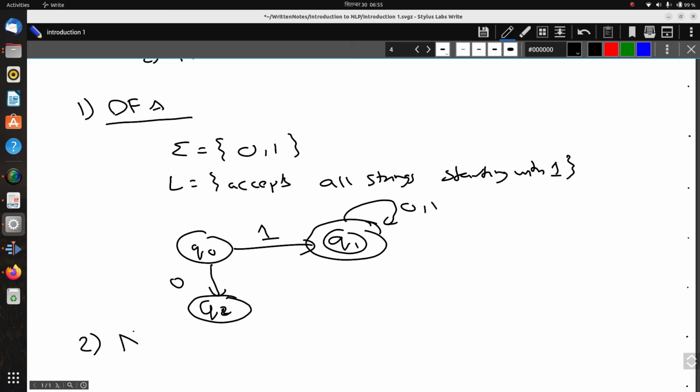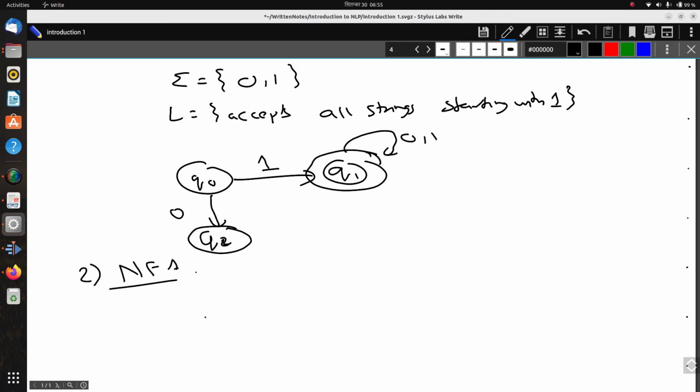Okay, the other is non-deterministic finite automata, which is also called NFA. NFA is used to transit to any number of states for a particular input, and it can even accept a null move.